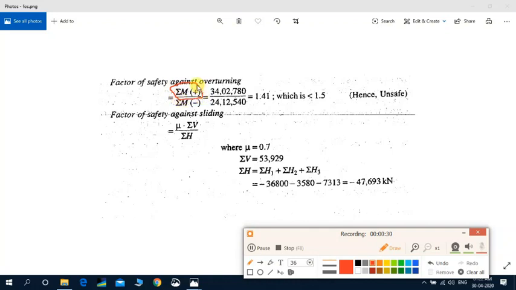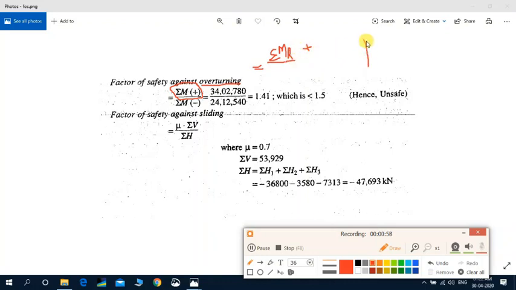Positive means anti-clockwise moment, meaning resisting moments, which resist the moments trying to overturn the structure.